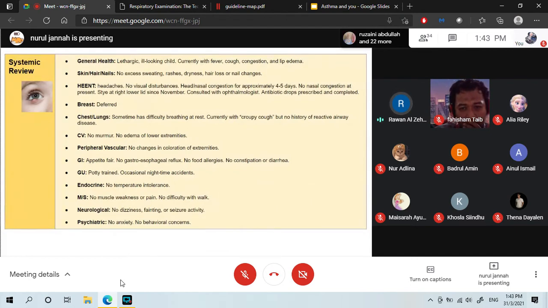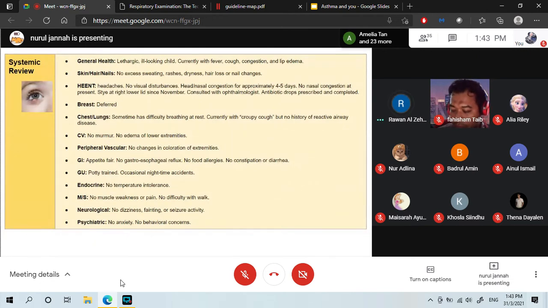For breasts, deferred. For chest and lungs, sometimes she has difficulty breathing at rest, with the current croup cough, but no history of reactive airway disease. For cardiovascular, no murmur, no edema of lower extremities. For peripheral vascular, no changes in color of extremities.